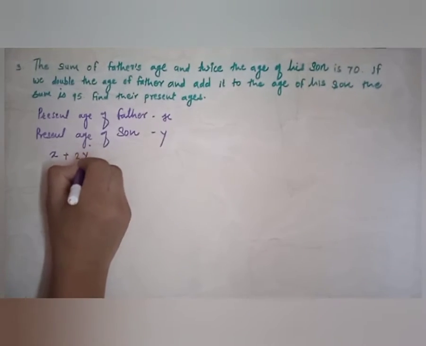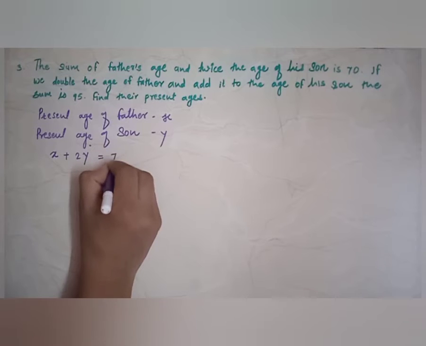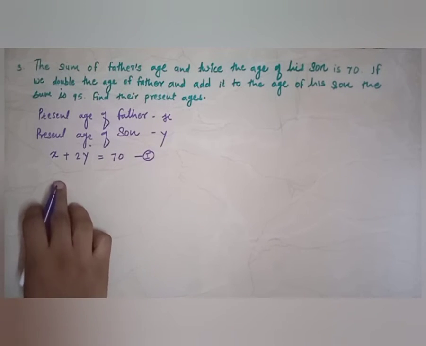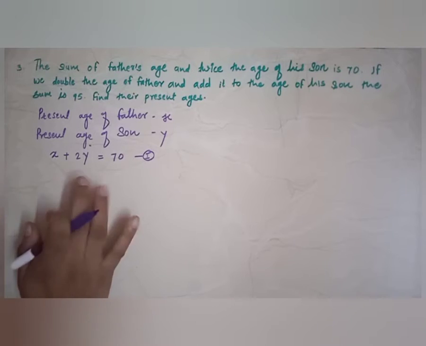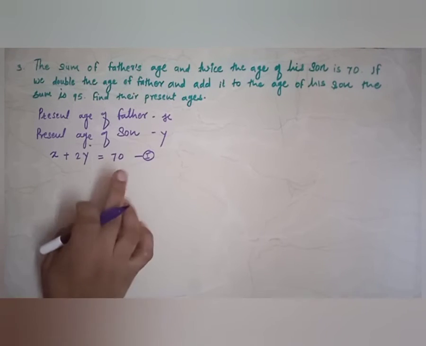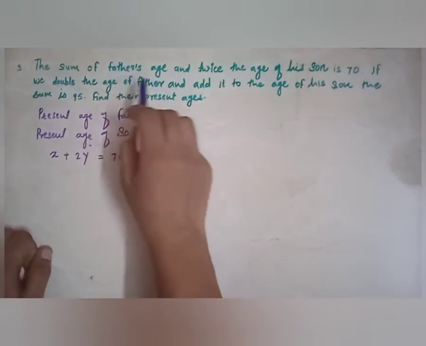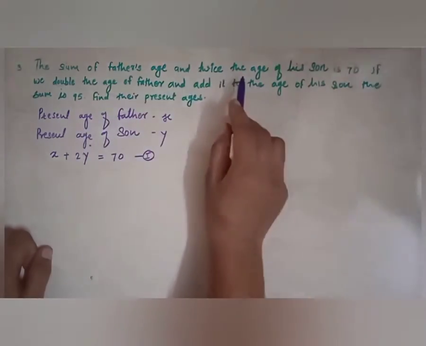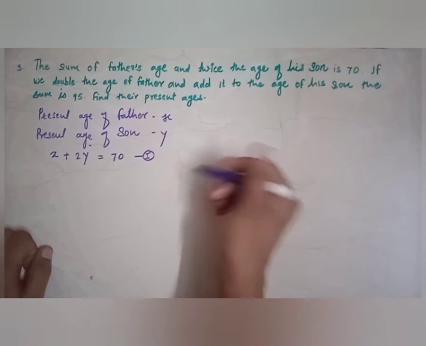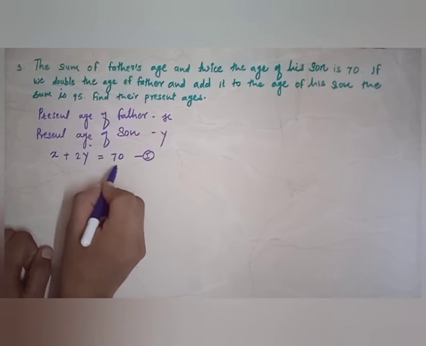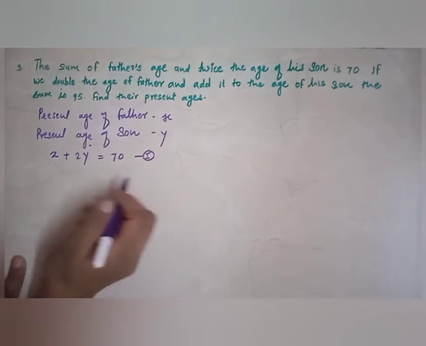So this answer is 70. Then we get the first equation: x plus 2y is equal to 70, means age of father plus twice the age of his son. This is our first equation.